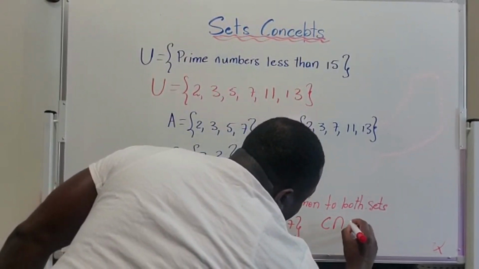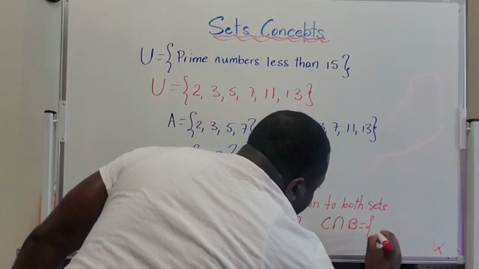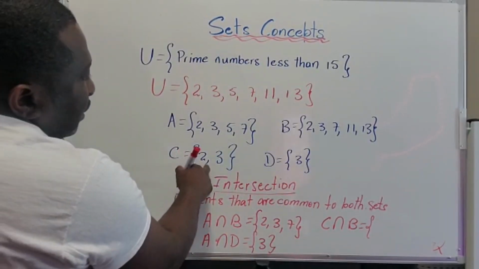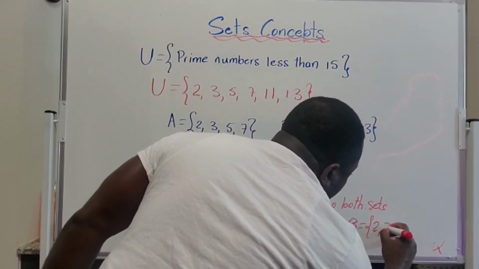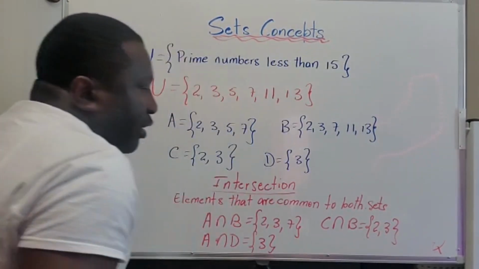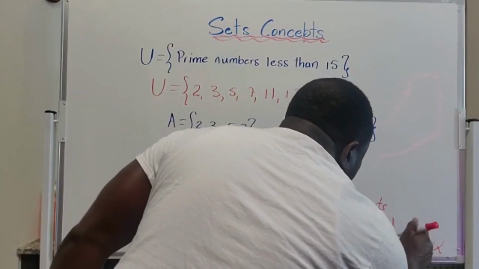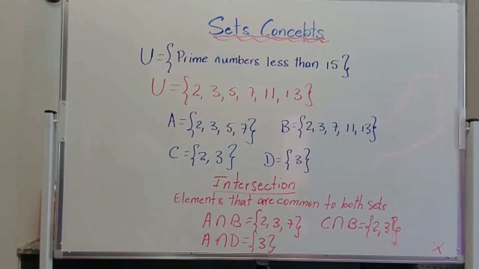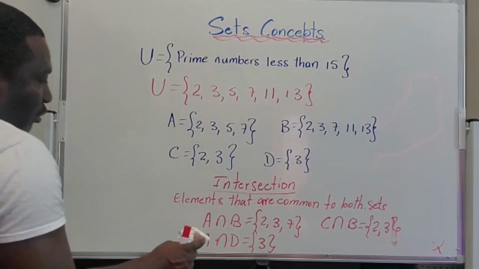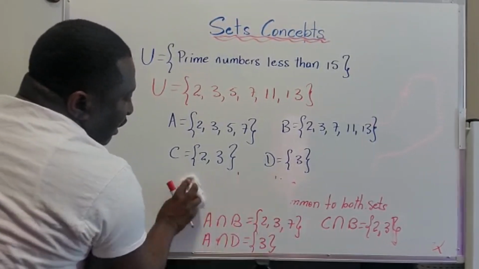C intersect B. Are there any elements in C intersecting B? Yes, we can see that 2 and 3. So the elements are 2 and 3. So remember guys, again, these elements are separated by commas, and they are also being placed in curly brackets. Another concept I want to look at.